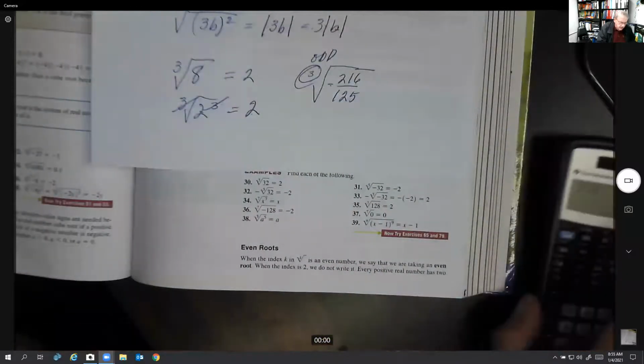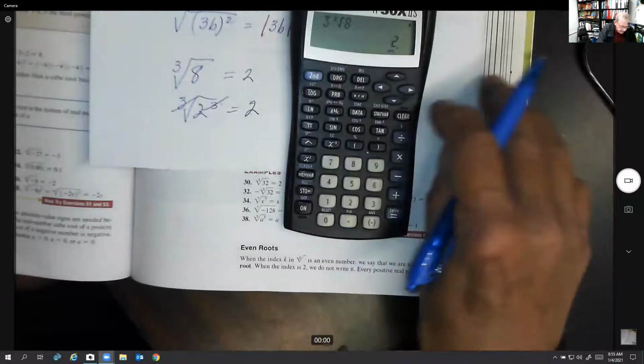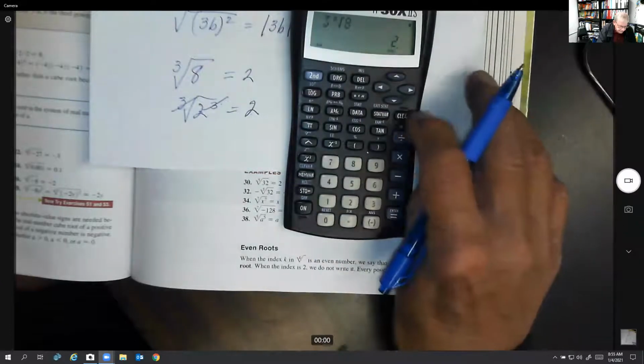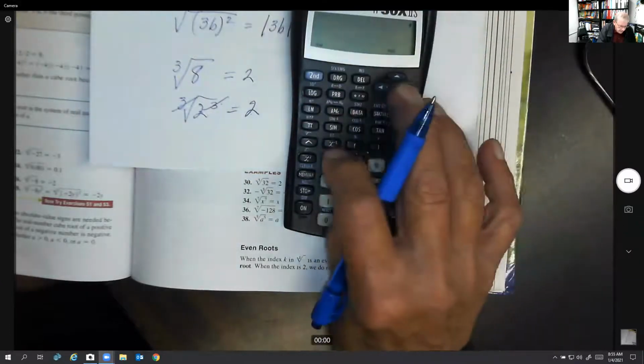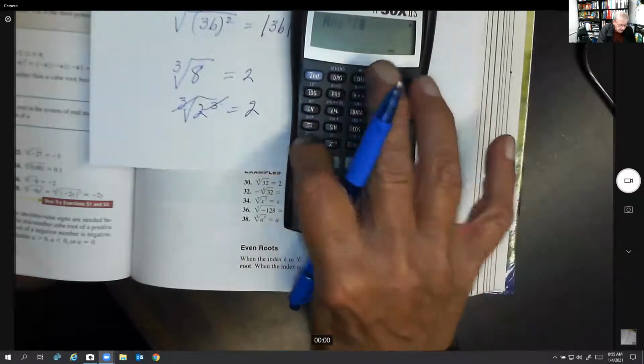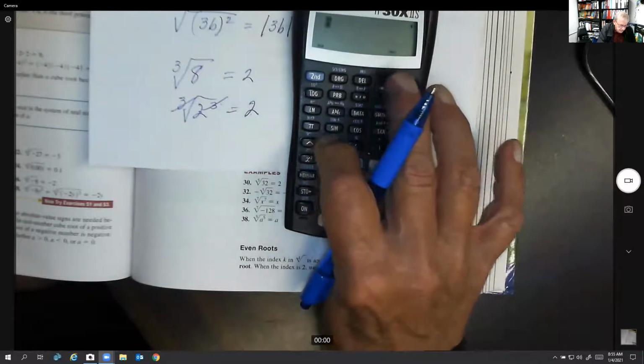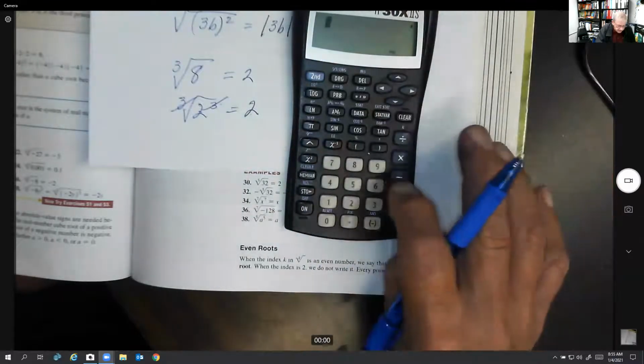So what is the cube root of 216? Well, what we can do is hit second, up arrow. Oh, we first want to put in our index, excuse me.